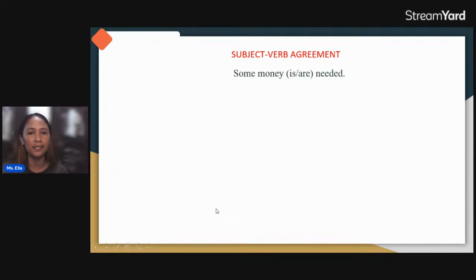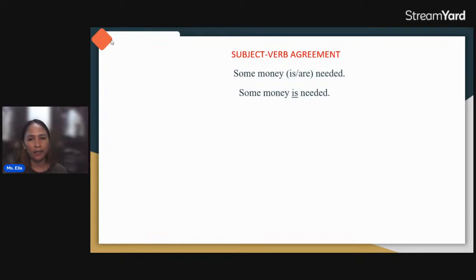Okay, let's continue. How about this sentence? Some money is or are needed. We use the word some, an indefinite pronoun. The correct answer is: some money is needed.